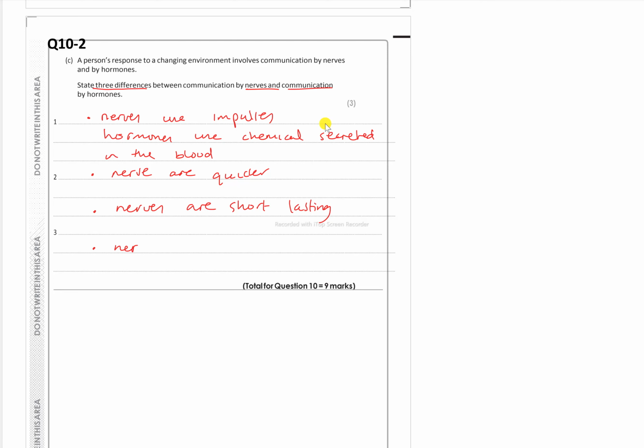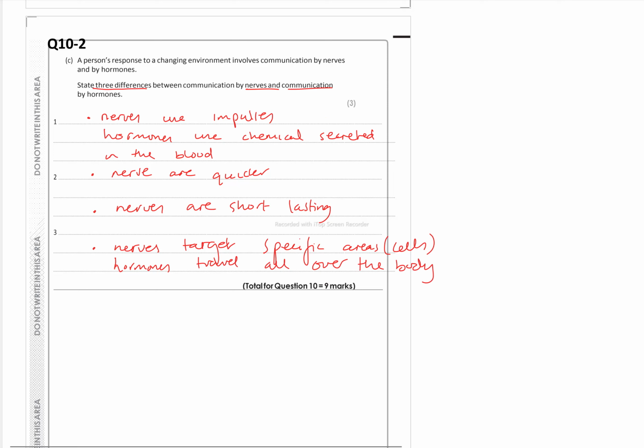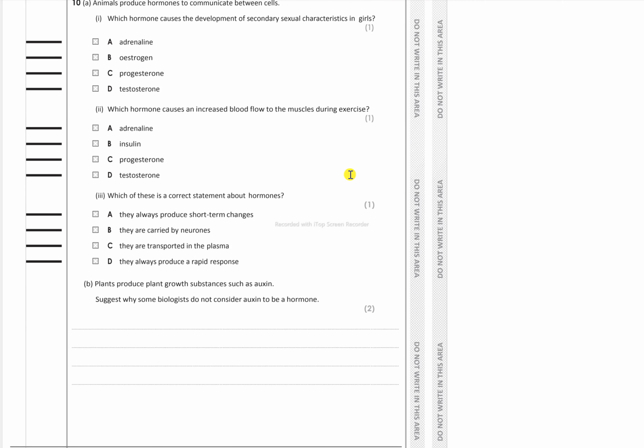Right, nerves target specific areas or cells, whilst the hormones travel all over the body in the bloodstream. Okay, that should be good enough.